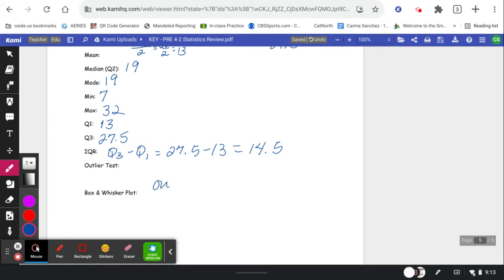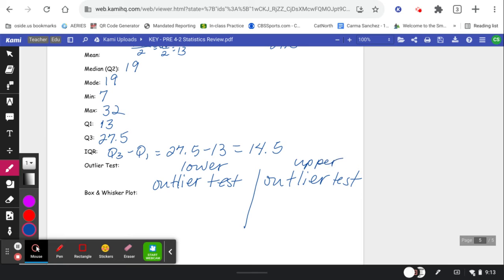For the outlier tests, there's always going to be the lower and the upper tests. And I'm going to give you these formulas on the test for reference.